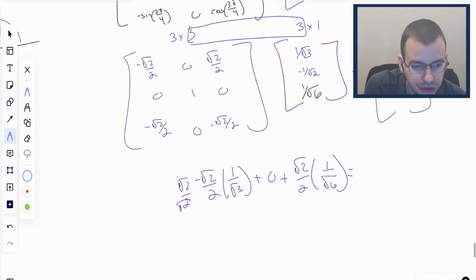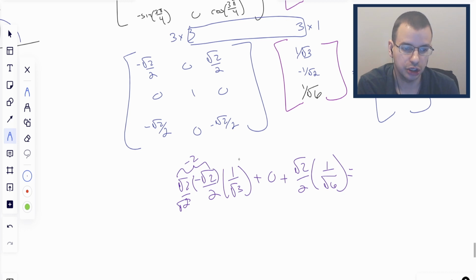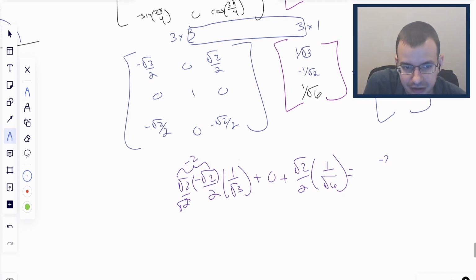So the top part, negative square root of 2 times square root of 2 is negative 2. So we have negative 2 over 2 square root of 6 plus square root of 2 over 2 square root of 6.